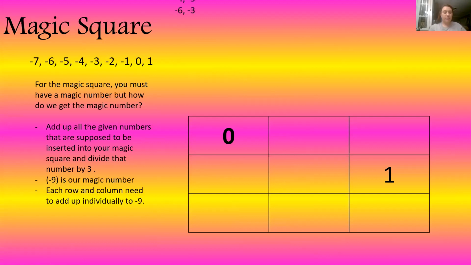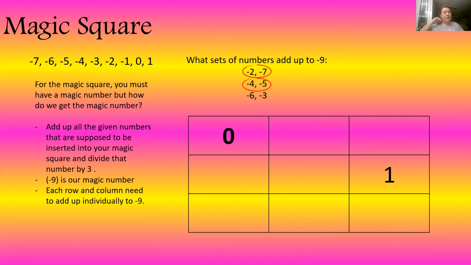Now, what sets of numbers add up to -9? You're trying to figure out where to place your numbers, so it's best to figure out what numbers add up to your -9: -2, -7, -4, -5, and -6, -3.